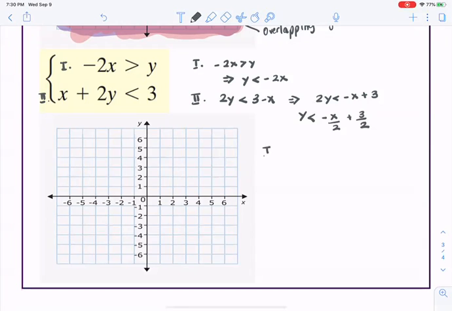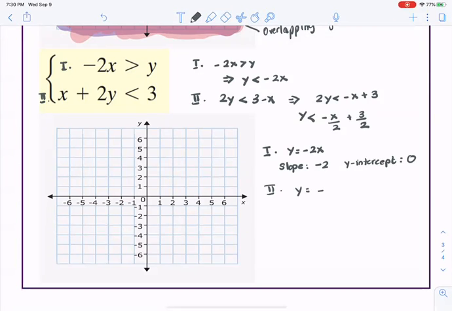Going back to the equation, we would have y equals negative 2x for the first inequality. So the slope is negative 2, y-intercept is 0. For the second equation, we have y equals negative x over 2.